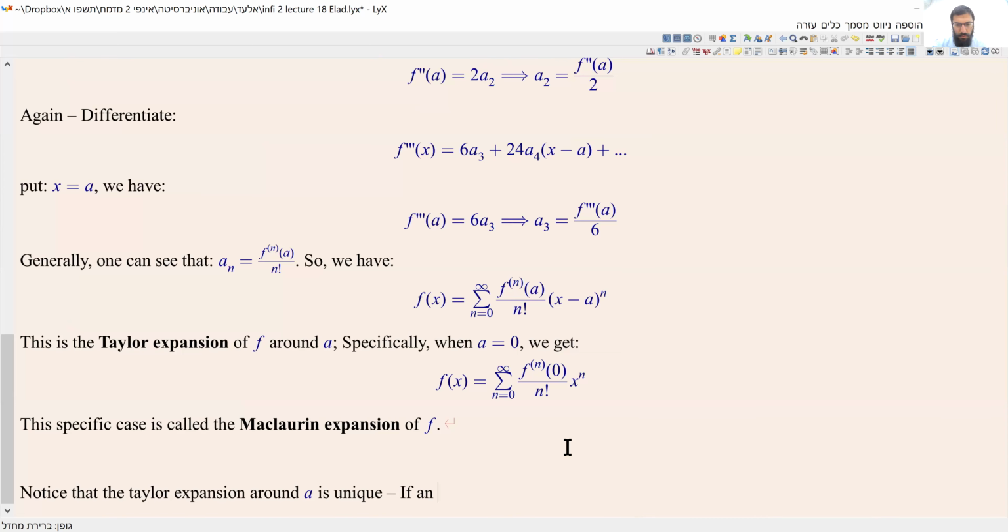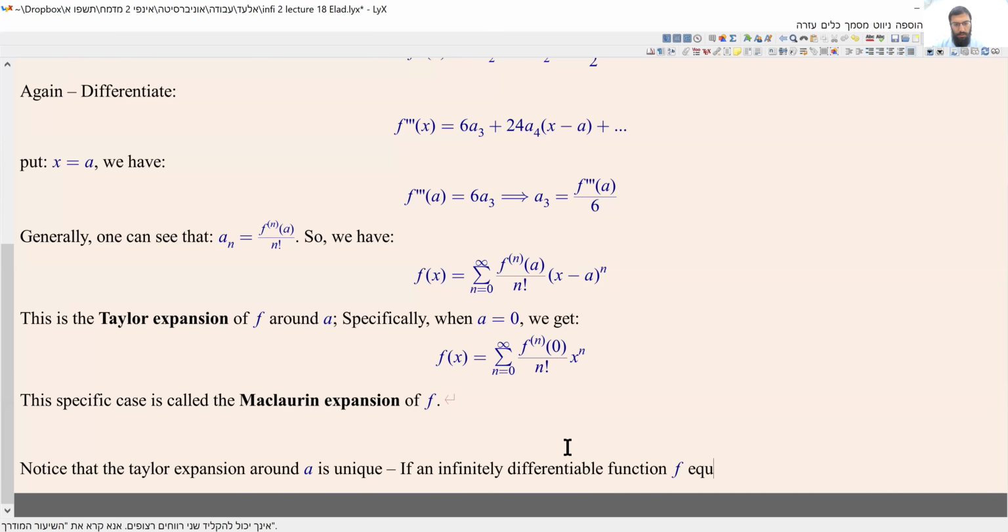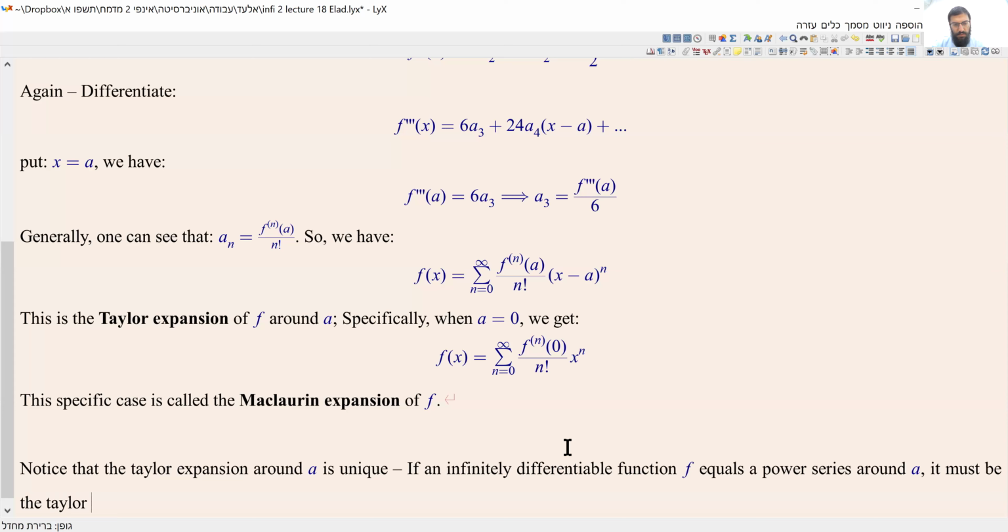If an infinitely differentiable function f equals a power series around a, it must be the Taylor series.